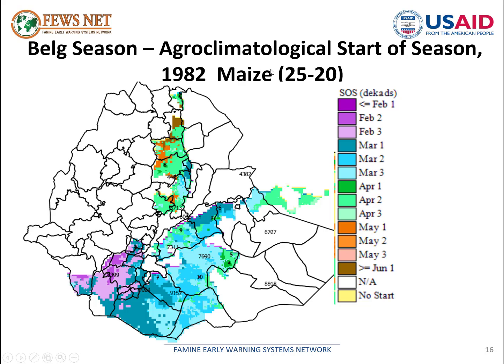So in the agropastoral areas, we use the WRSI rules that it is 25 millimeters for the first decade and 20 millimeters for the next 2 decades. And then we defined that first decade as the beginning of the season.